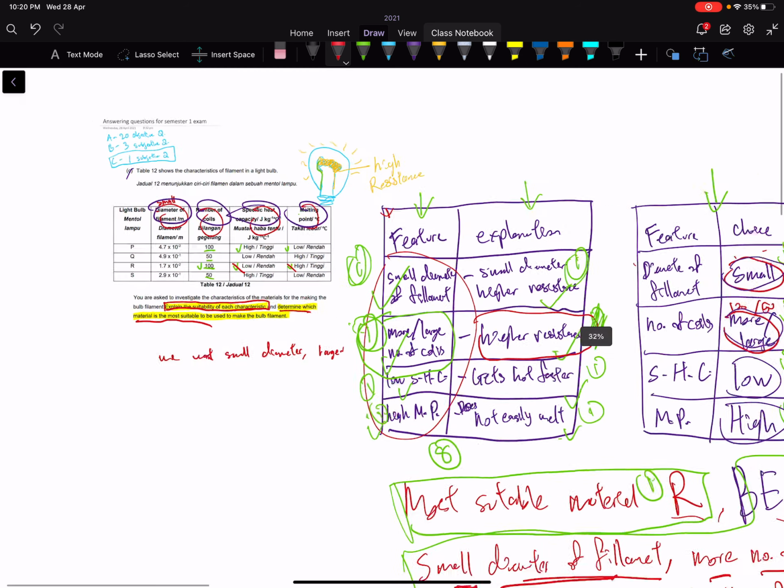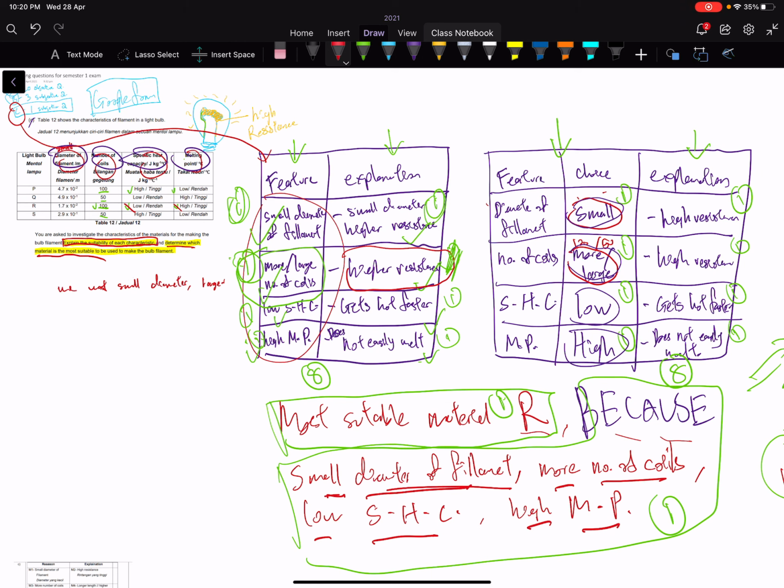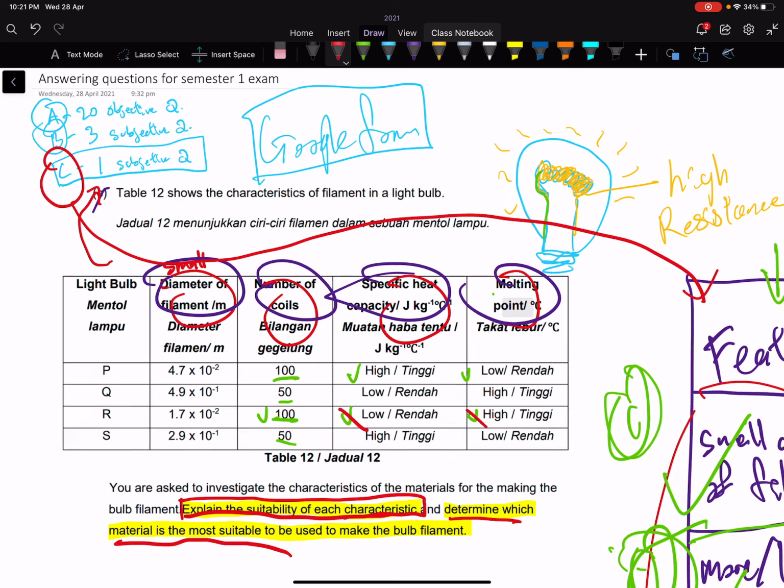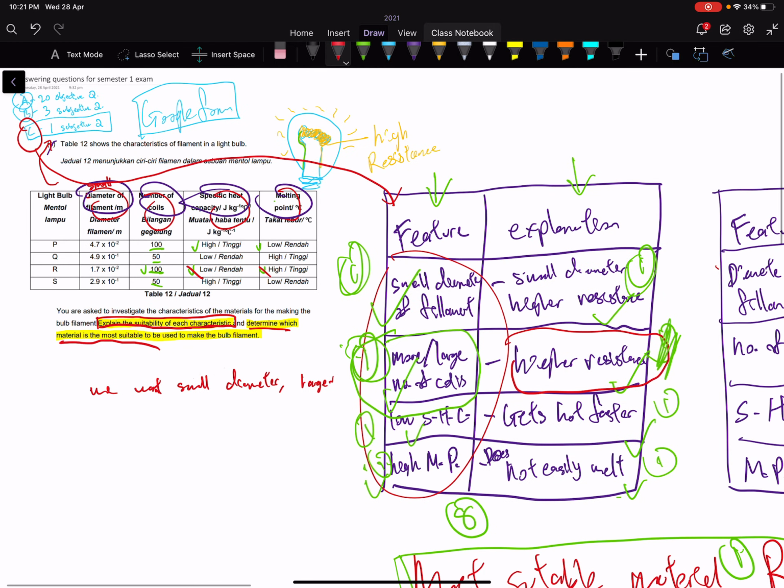So what I want you guys to do is write this table on a piece of paper, write your answers, make sure you have your name and class clearly on the paper, take a picture and upload the picture as the answer for this question inside the Google form. Okay? Alright, that is all. So thank you.